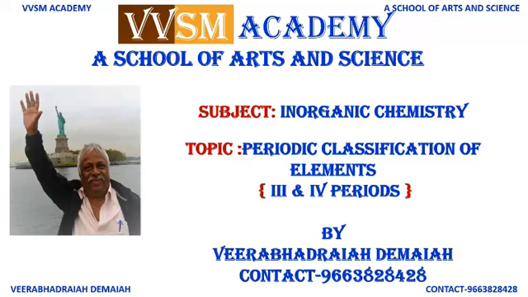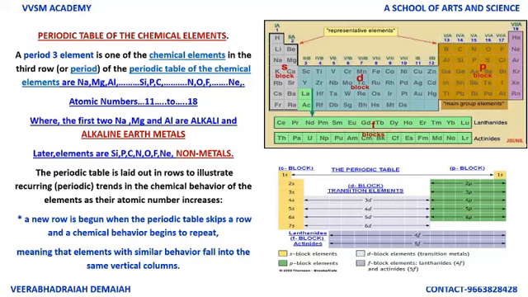Well friends, in this third and fourth periods of the periodic classification of elements, I would like to discuss the periodic table of the chemical elements. If you observe the periodic table carefully, a period 3 element is one of the chemical elements in the third row, or the third period, of the periodic table.